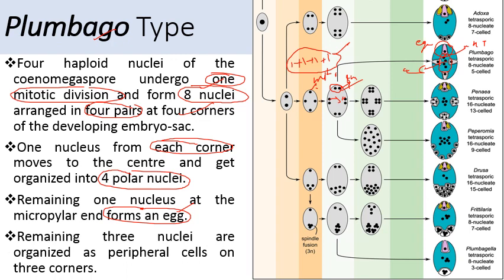The remaining 3 nuclei are organized as peripheral cells on the 3 corners. और जो remaining 3 cells हैं वो present होंगे peripheral 3 corners में. So this type of embryo sac is an 8 nucleated 5-celled embryo sac, which is found in case of Plumbago. It contains a single haploid egg at one corner and the remaining 3 peripheral cells, which are again haploid.